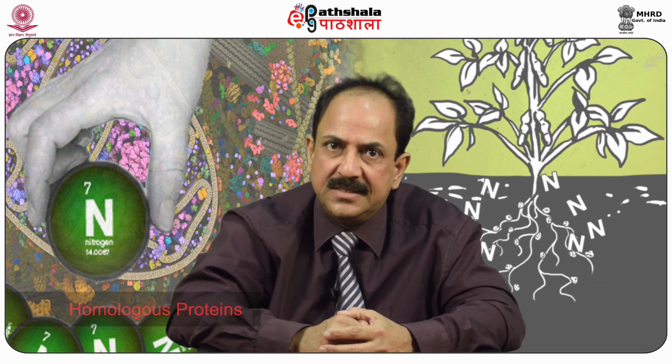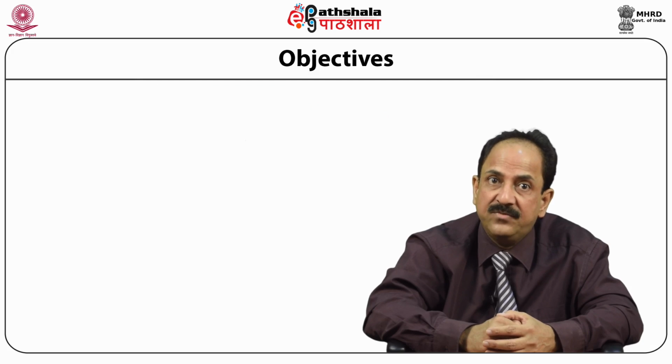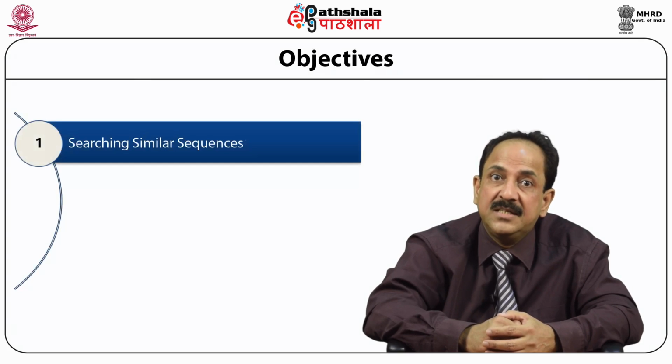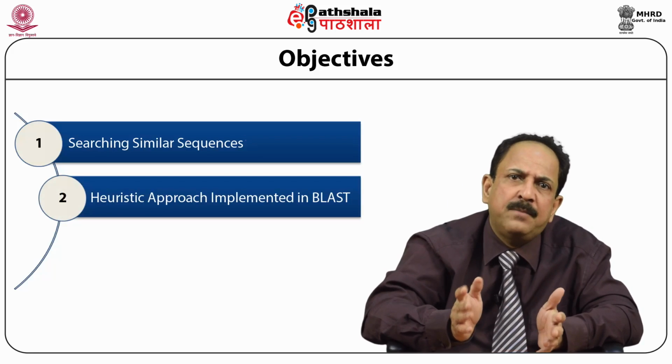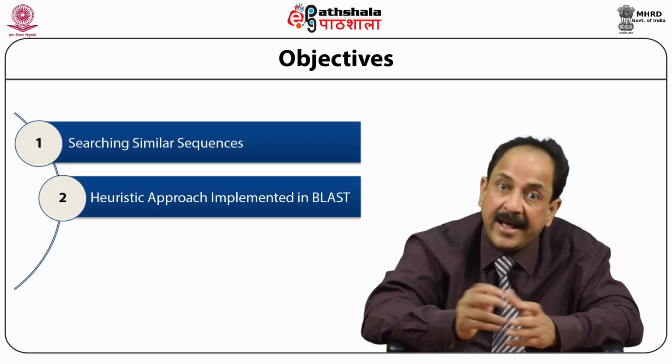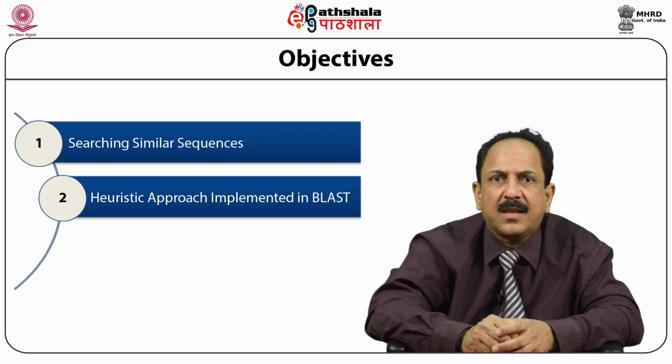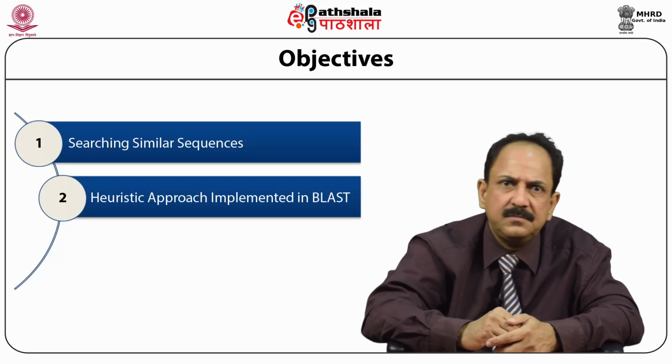With this goal, students will use BlastP, specifying required input parameters, to search known homologous proteins in the database. In this module, the students will understand BLAST for searching similar protein and nucleic acid sequences from the databases. A heuristic approach to reduce the number of target sequences for search as implemented in BLAST will also be explained.